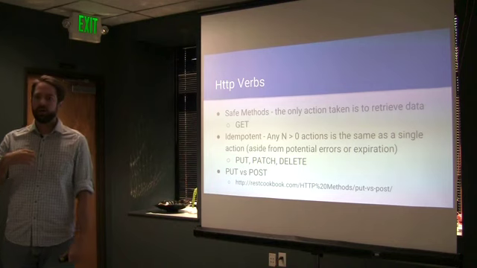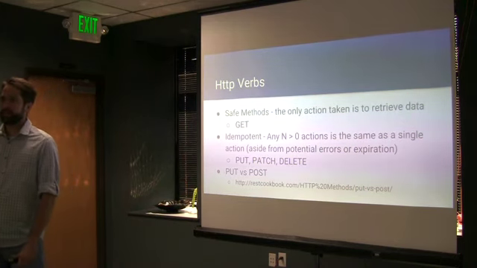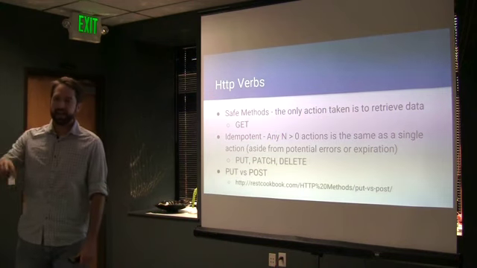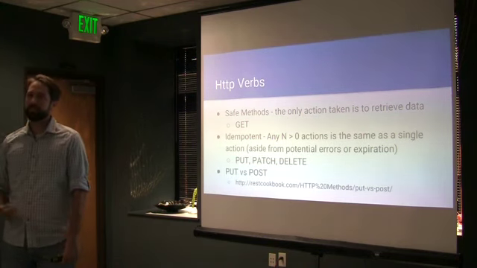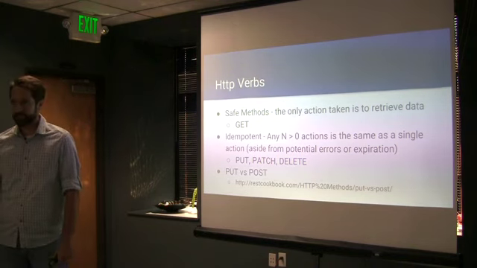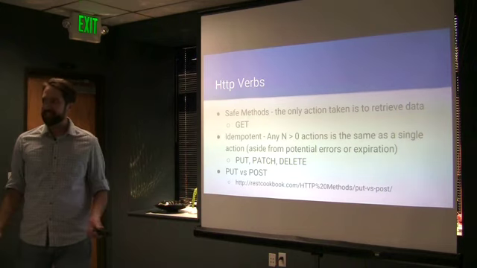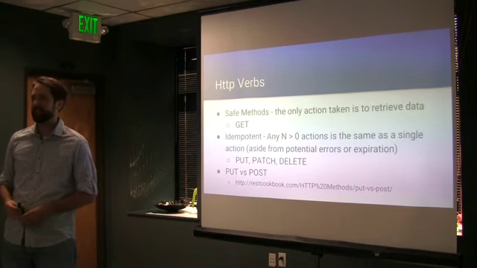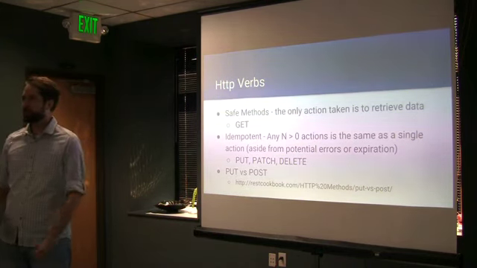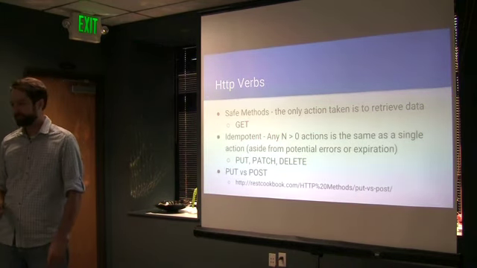If I want to put or patch or delete to that resource identifier, if it's the same file name, it's just going to have that same effect, right? So in theory, put could be used to create a new resource at that location. However, in practice, you typically think in terms of primary keys, where clients are not deciding the unique identifier of a resource. But in terms of REST, there's a little wiggle room there still.